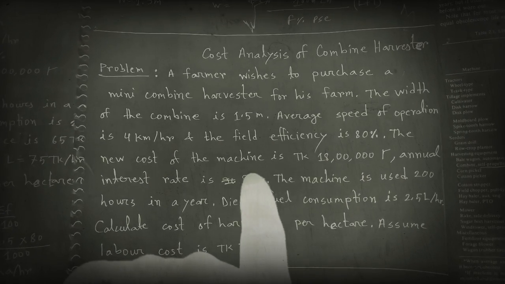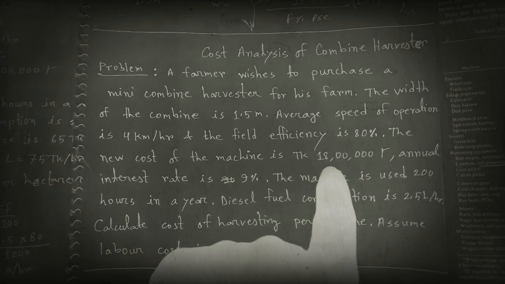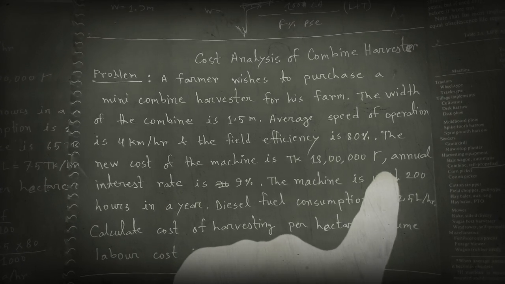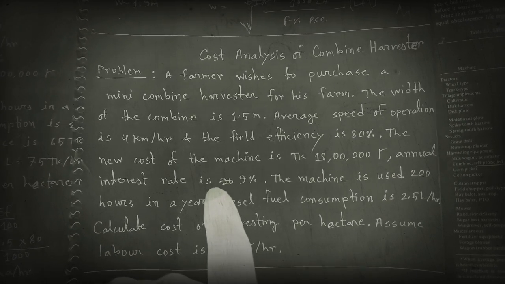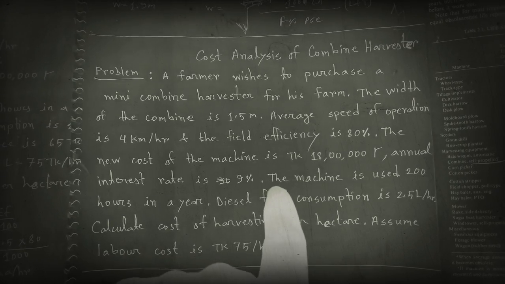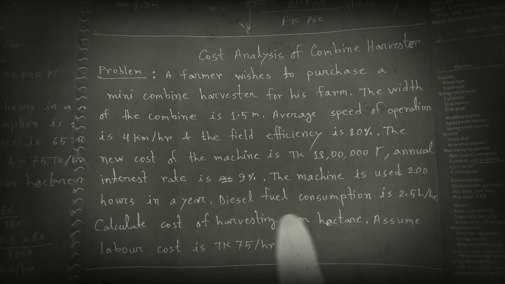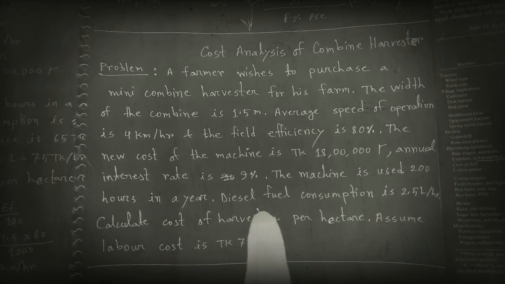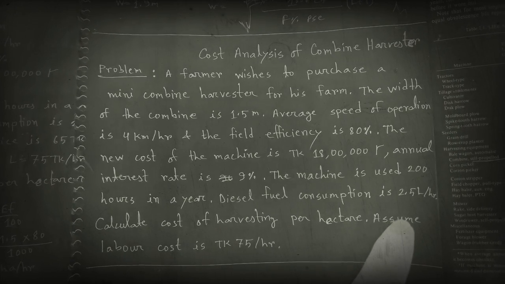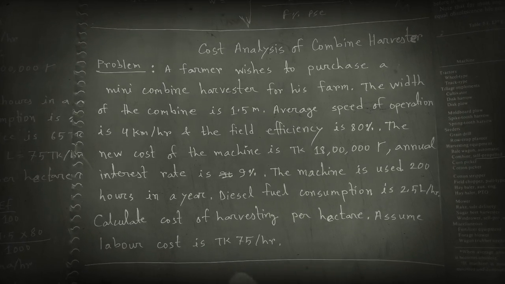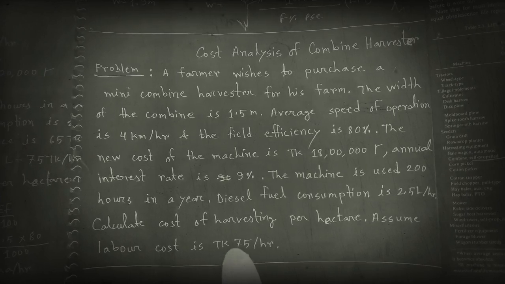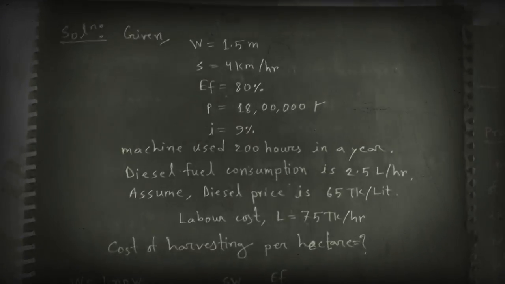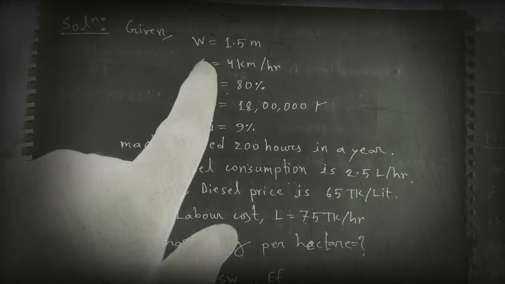The new cost or price of the machine, that is P, is equal 18 lakh taka. Interest rate, that is I, is equal 9%. The machine is used 200 hours in a year, diesel fuel consumption is 2.5 liter per hour, and labor cost is taka 75 per hour. Okay, here's the given information that I said.